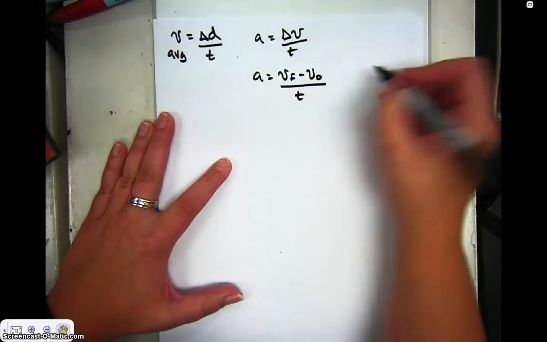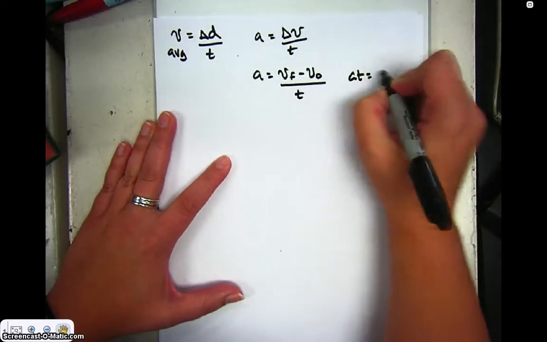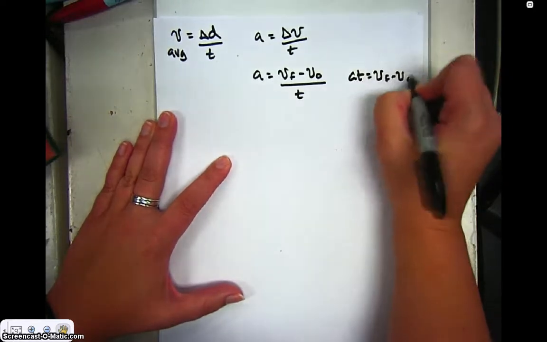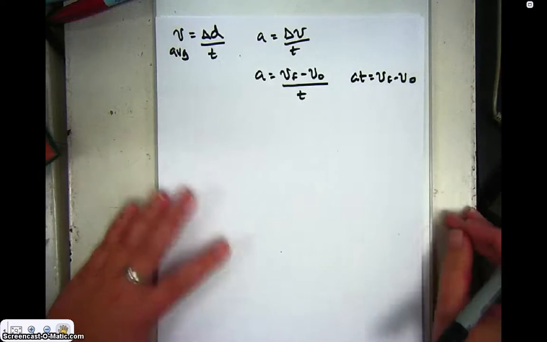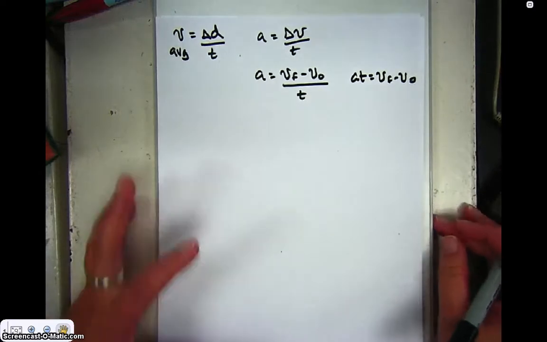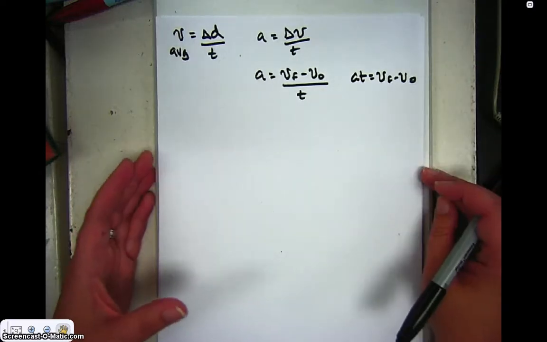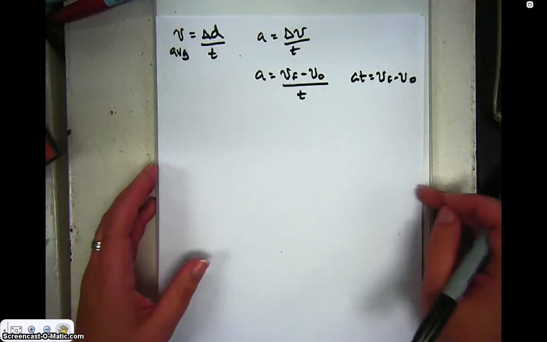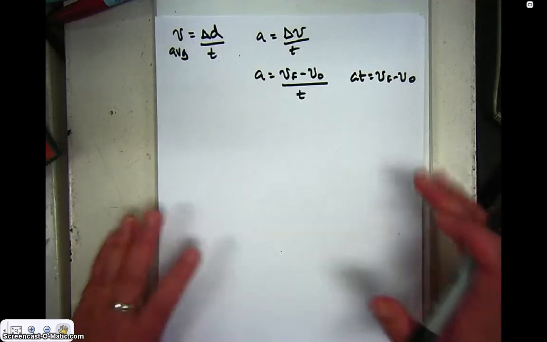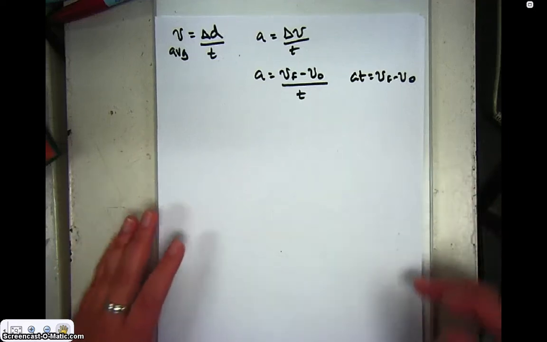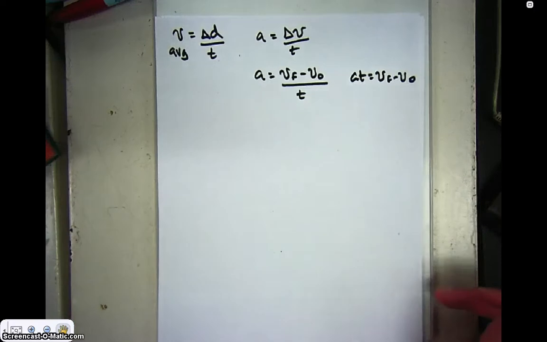You might also see it as a t equals v f minus v 0, or v sub naught, which means v initial. And we can algebraically rearrange it in any which way, which we'll do in order to solve problems today. So those are the two equations that we have. And again, remember that we're talking about the special case of constant acceleration.